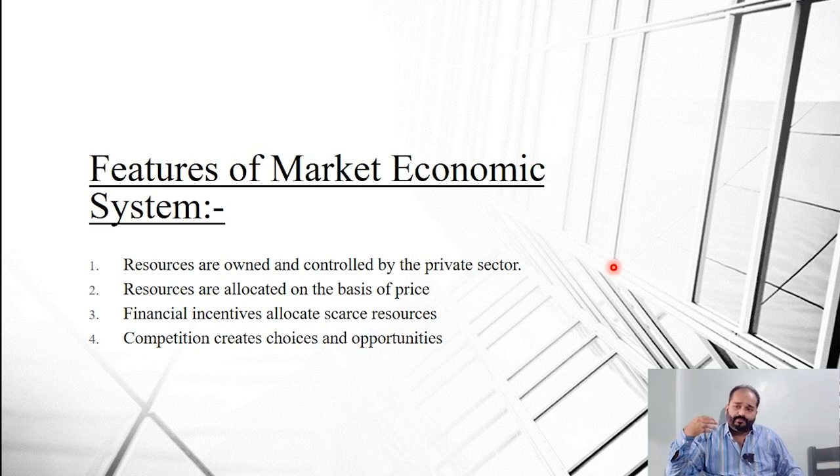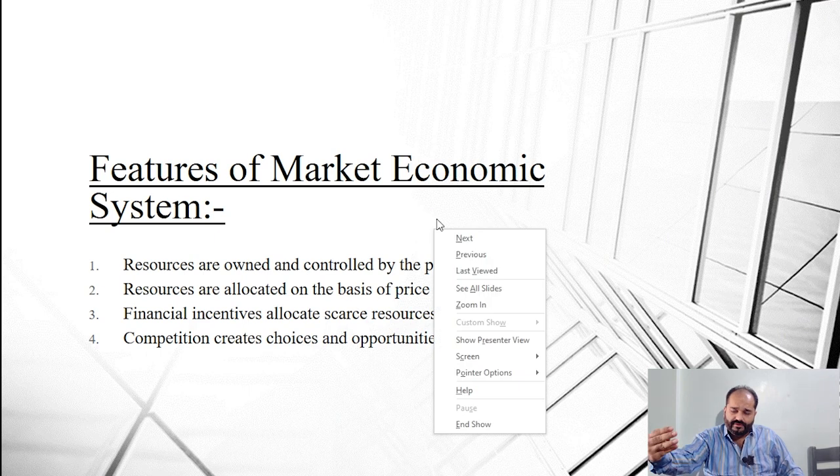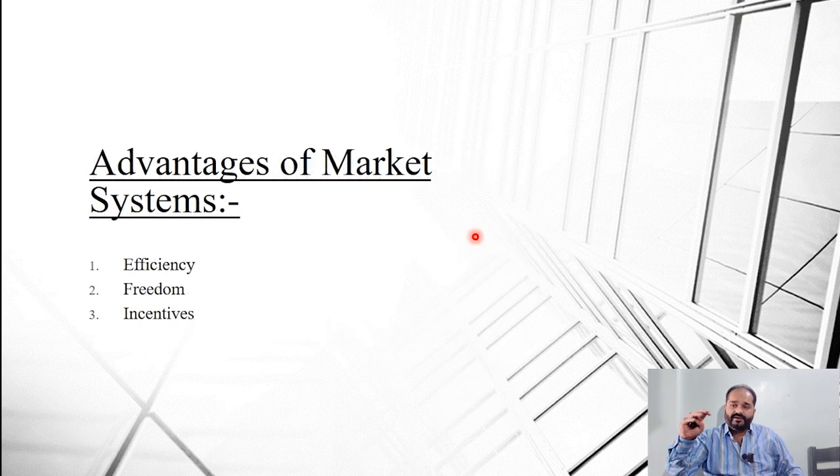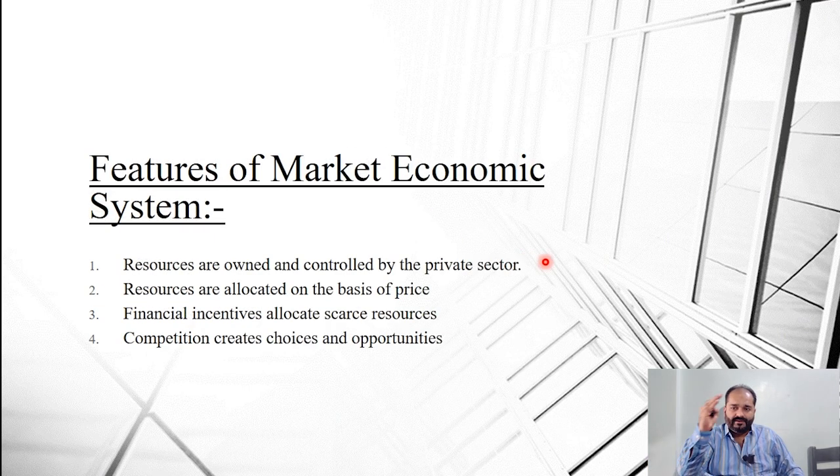If you have the money to pay for that, that is when you will be able to afford those commodities. So scarce resources, if you pay a price for it, you'll be given that, or you will be allocated those resources. That's number 3. Number 4, competition creates choices and opportunities.